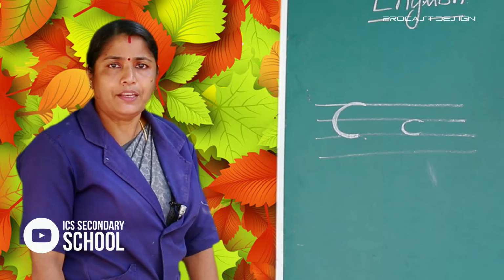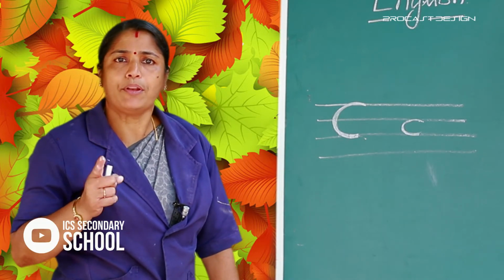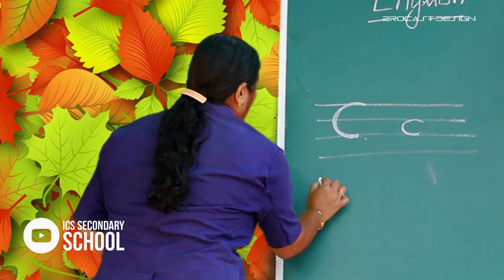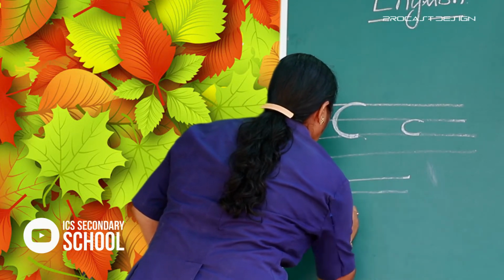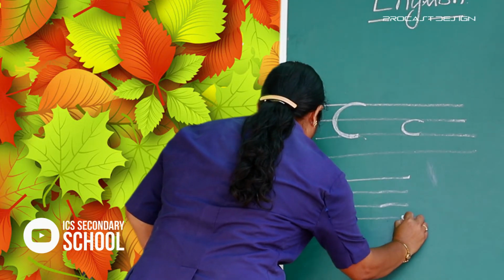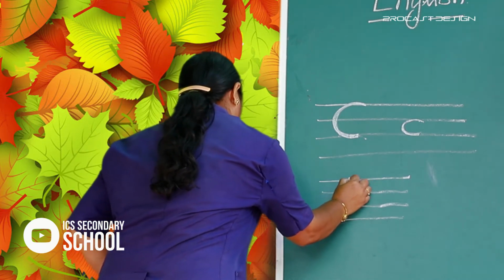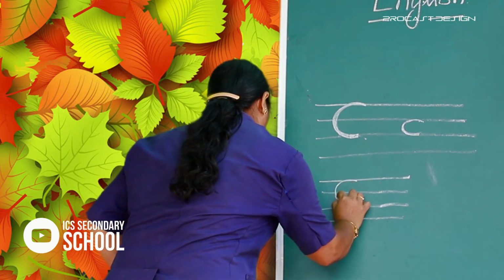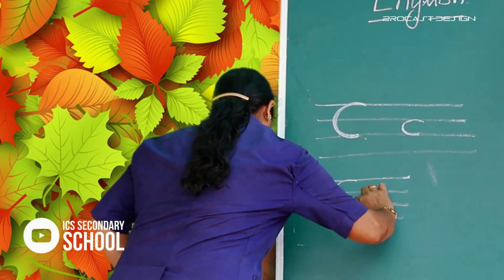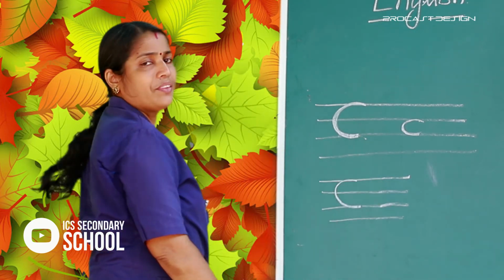How to write capital letter C? All of you look at the board. How to write capital letter C? Start from the top and draw a curve touching the bottom.